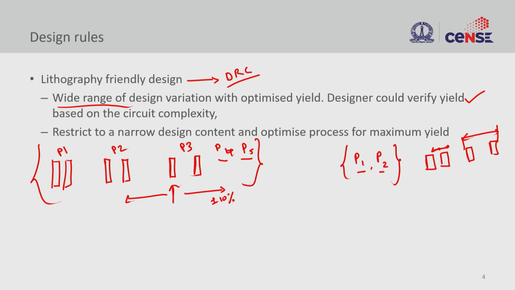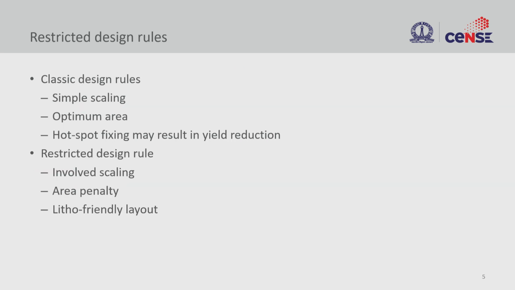So we restrict to 1 or 2 that will put pressure on the designer that you have to comply to only these 2 variation, but then your yield is going to be high. So is your reliability. So there is always a trade-off between these 2, and it's up to the designer to choose what kind of rule you want to use or what kind of design you want to use, right, in order to yield better circuits.